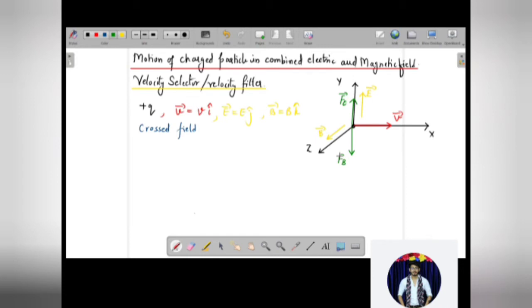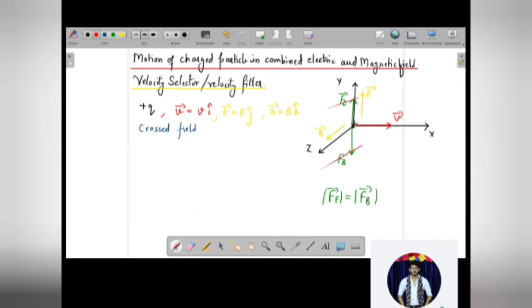What if we set their magnitudes equal to each other? If I make the magnitude of electrostatic force equal to the magnitude of magnetic force, what is going to happen? The electrostatic force and magnetic force will become equal and opposite in direction, and they will cancel out each other.